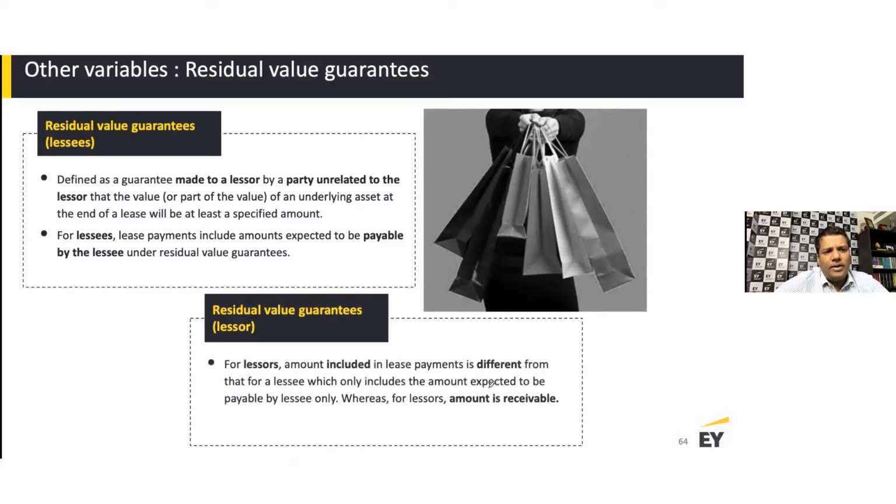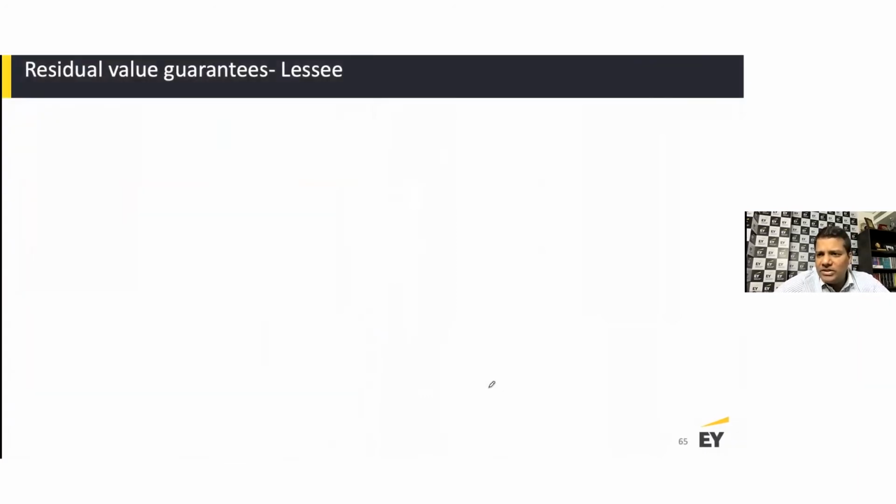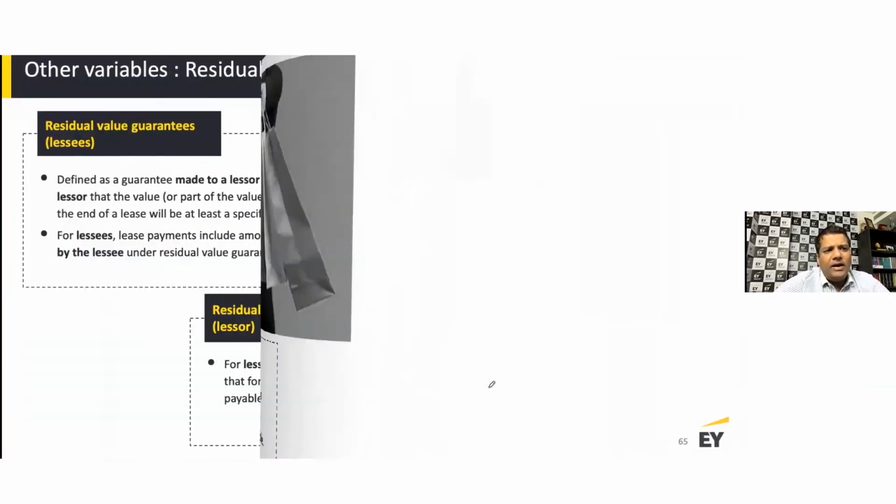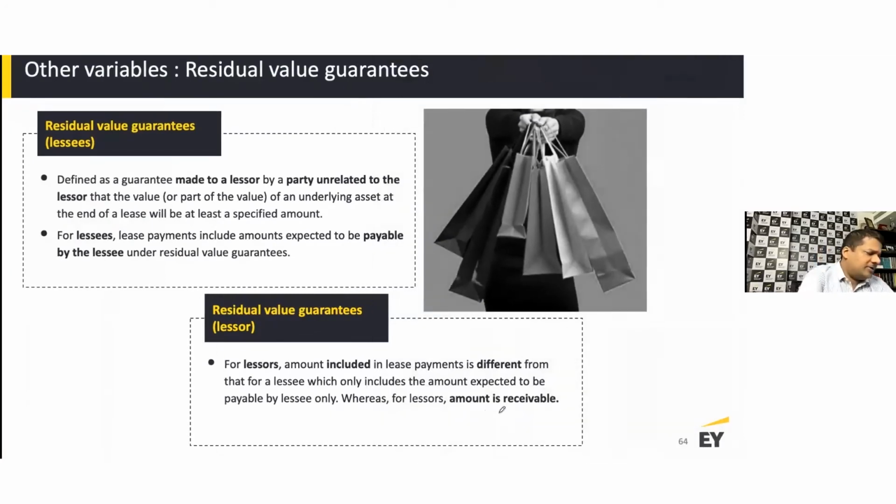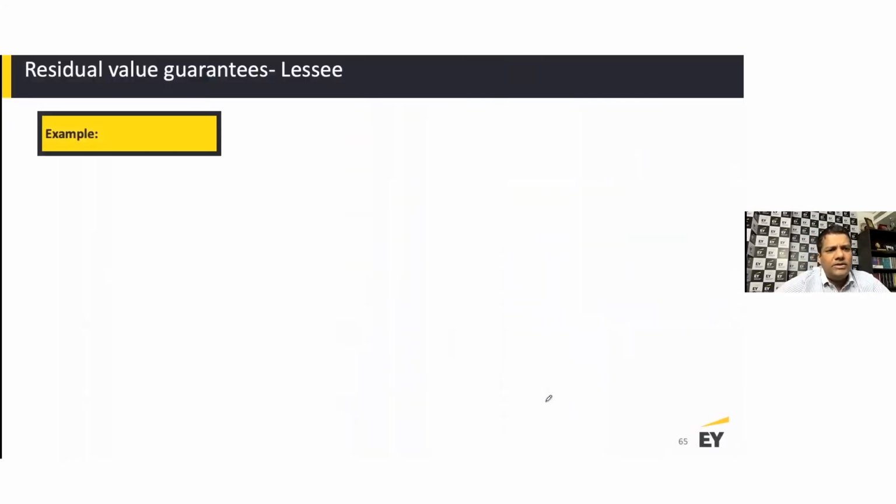Now, from a lessor perspective, the amount included in lease payments is different from that for a lessee, which only includes the amount expected to be payable by the lessee, whereas for the lessor, the amount is receivable. So I'm going to include the amount which is receivable from a lessor perspective. We will try and understand the accounting nuance of this.